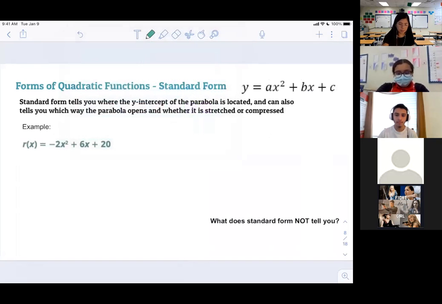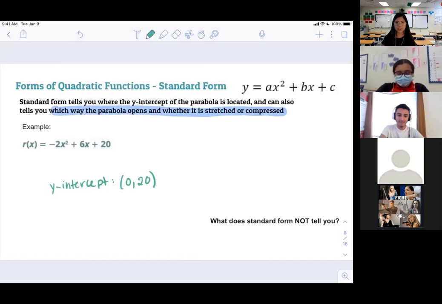What's the y-intercept? 20. And remember, it's 0 comma 20. And like Tyrone was reading, it also tells us which way the parabola opens and whether it's stretched or compressed.